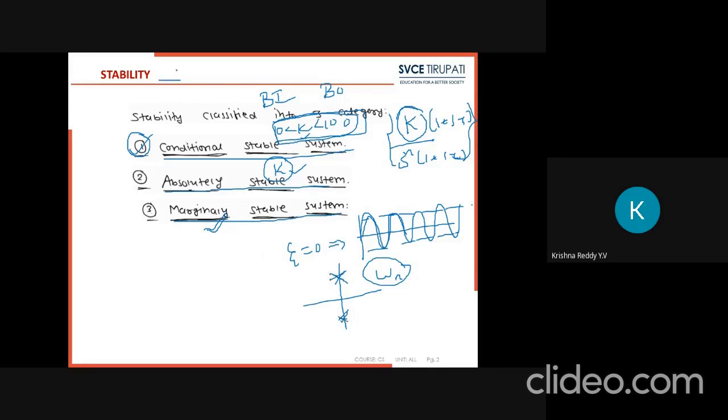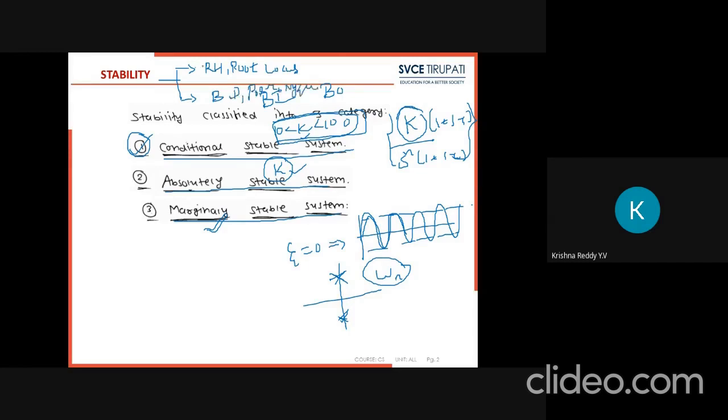Here we can determine stability using time domain specifications and frequency domain specifications. In the time domain, we use the RH criteria and root locus techniques. When going for frequency domain specifications, we use the Bode plot, polar plot and Nyquist plot.